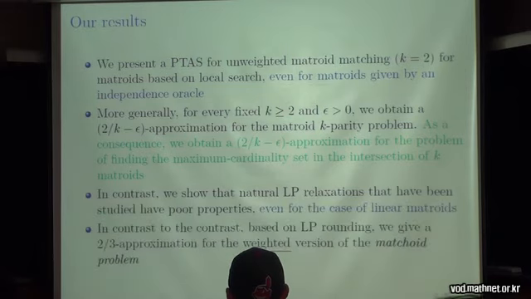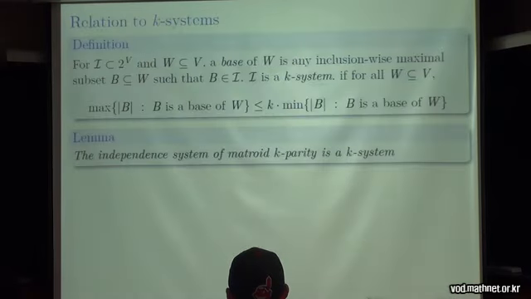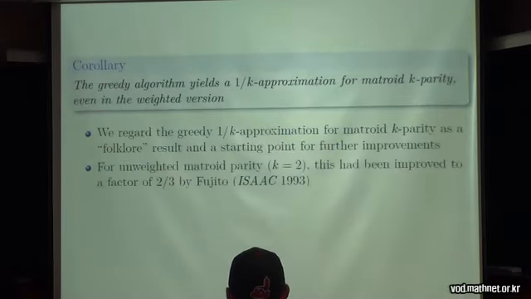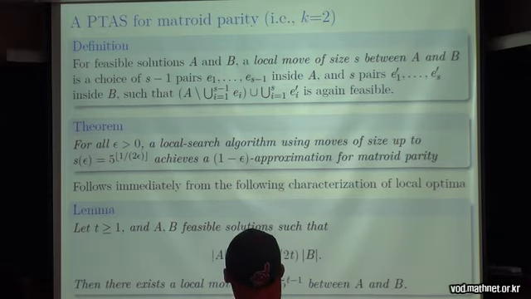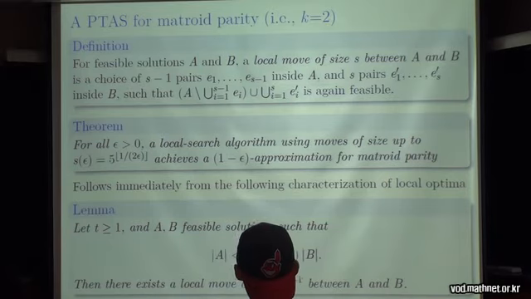So I'll just tell you what the algorithm is. It's local search. The local moves are pretty simple. I have a set that's independent. The way it's written here is for parity.